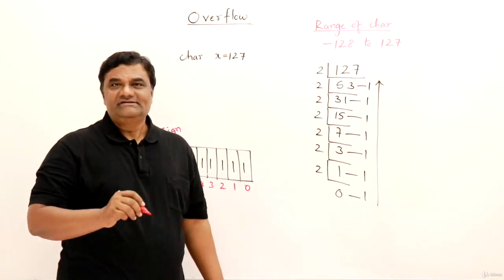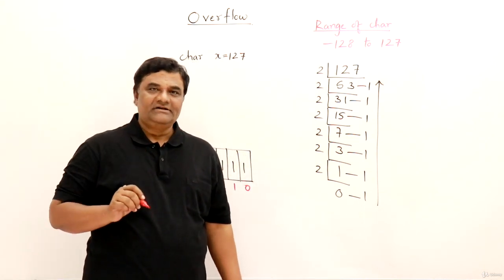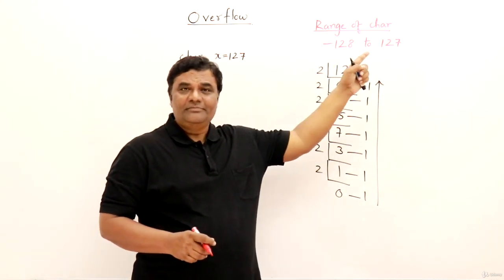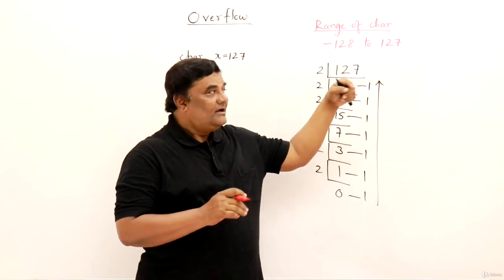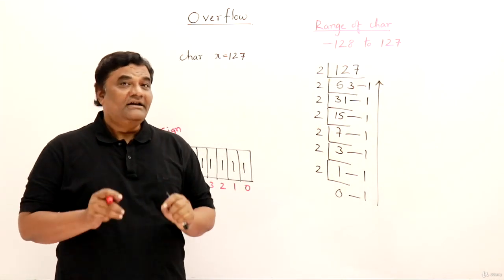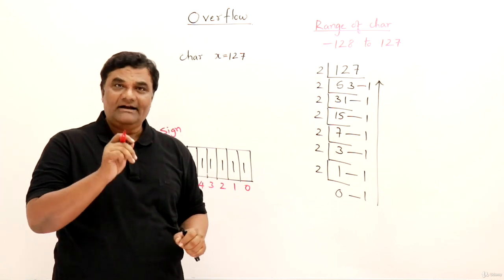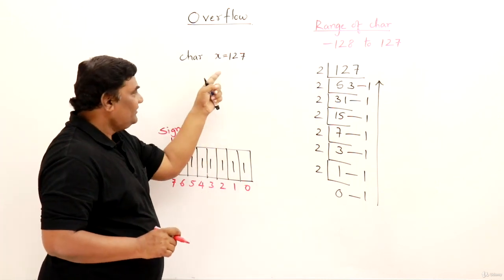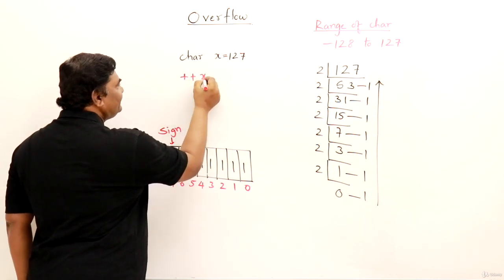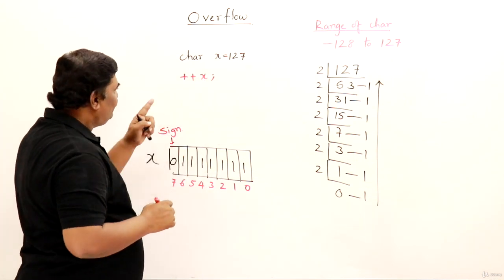Now coming to the concept. Let us understand the concept. Right now the variable has the largest value possible, that is the maximum value. Beyond that, we cannot have any value in the character type variable. If we do, what happens? Right now it is 127. If I write the statement plus plus x, what will it become?